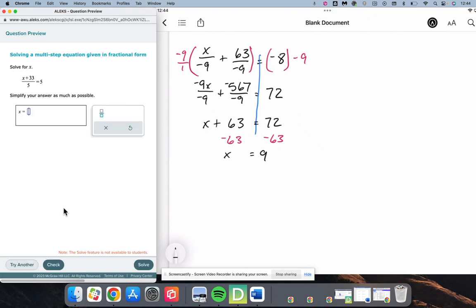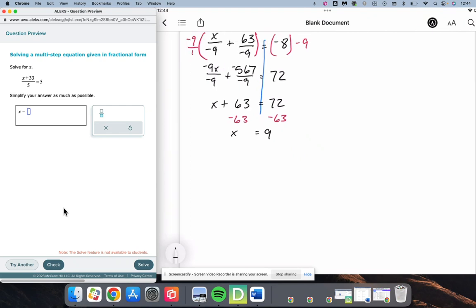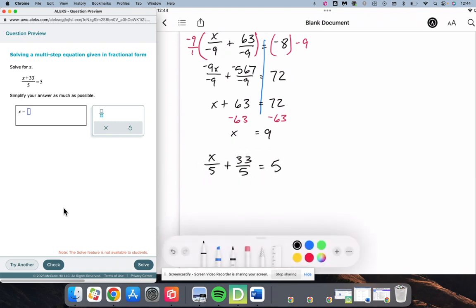All right, next we have x over 5 plus 33 over 5. And again, I'm writing this differently than they do in ALEKS because I want to really see what's going on and not shove those numerators together over the same denominator the way that they did. All right, and so what I see is that I have a denominator of 5. And so I want to multiply both sides by 5 so that that denominator will divide out evenly.